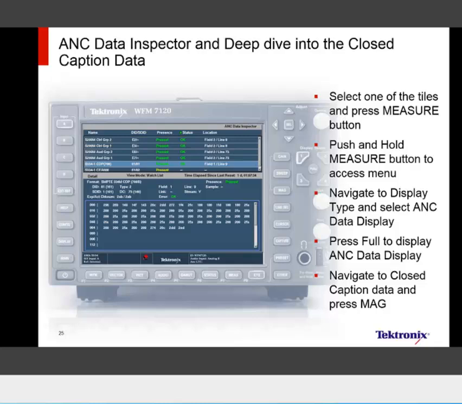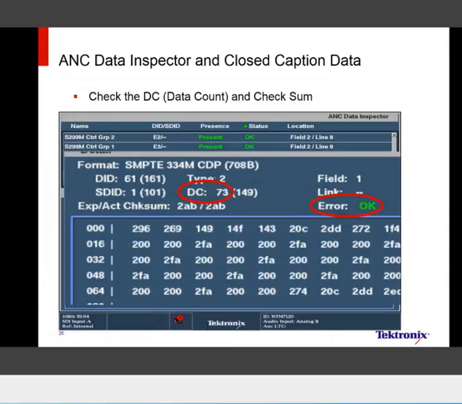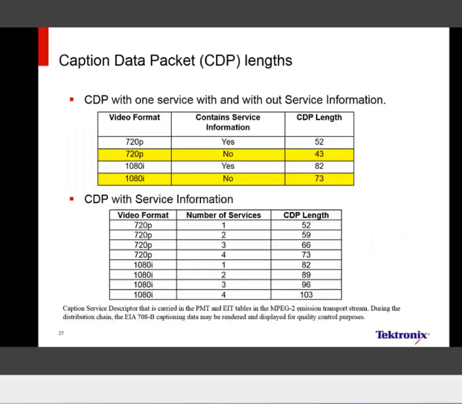And then we can look at that packet if we want to expand the screen, put it up full screen, and actually see the hex dump of the data. There's really only a couple of things that we really need to look about in that hex dump. One happens to be the DC, or the data count. How many bytes of data is being sent? And are the CRC checksums okay, or is the data being mangled?